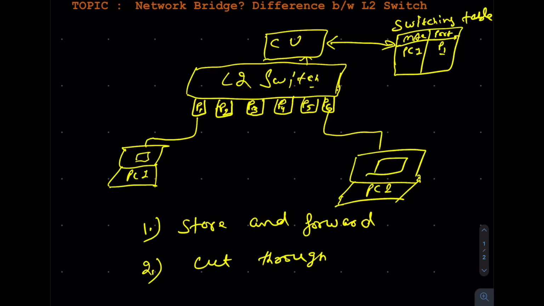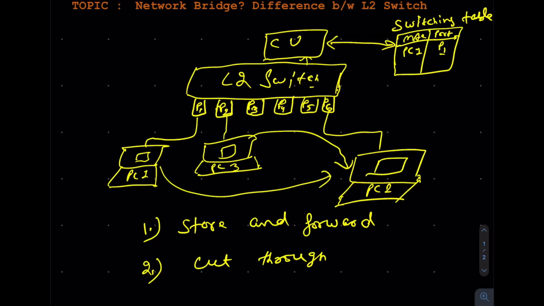When PC1 wants to send a packet to PC2 and the link is not available, for example, PC3 is also sending a packet to PC2 and PC1 is also sending to PC2, the switch can only send one packet at a time.